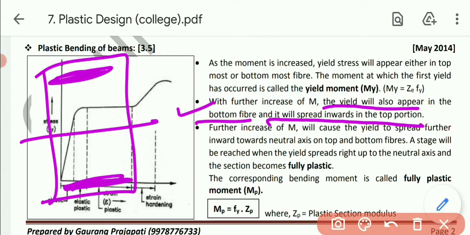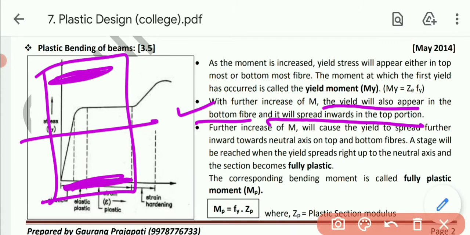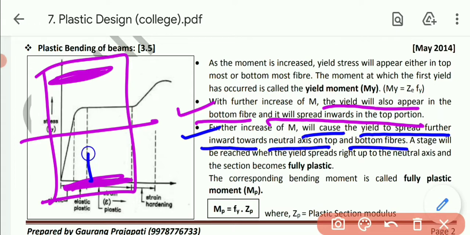Then with further increase of M, it will cause the yield to spread further inwards towards the neutral axis on the top and bottom fiber. So it will keep on increasing towards the neutral axis. The neutral axis is the central axis.